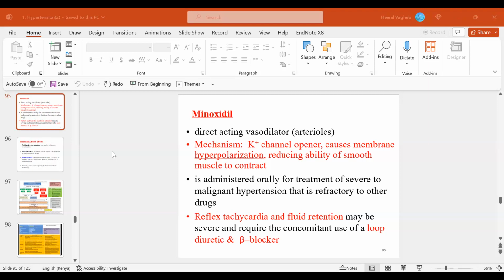That's when we can say the patient is in hypertensive crisis. And in this crisis, we tend to avoid it because it can progressively lead to end organ damage.